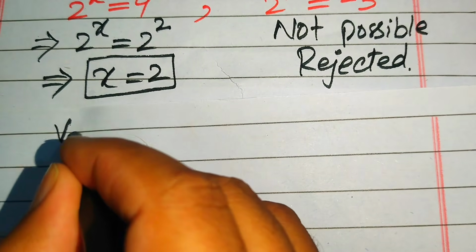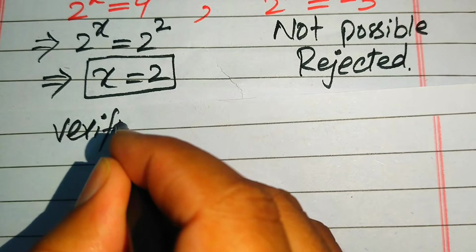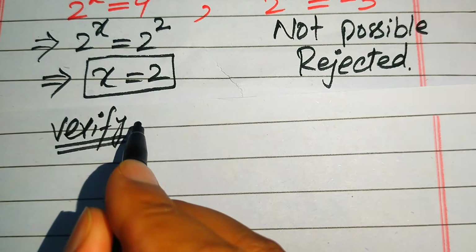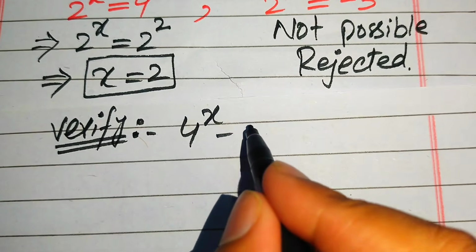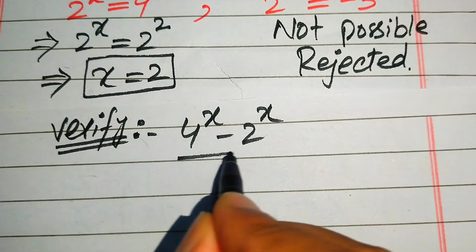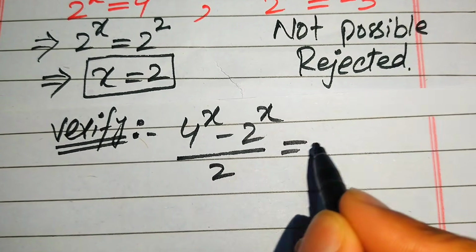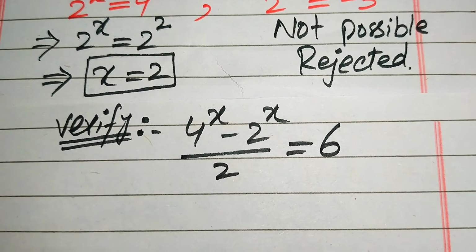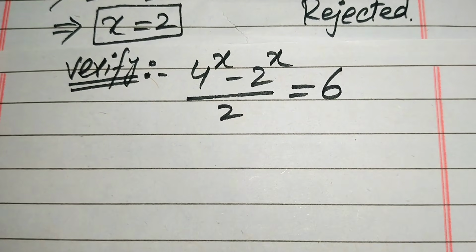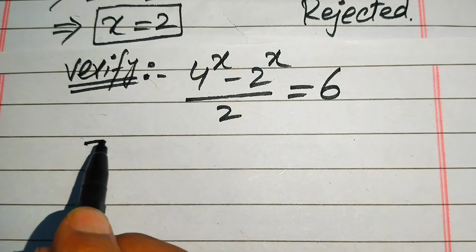And in the next step we need to verify whether this value of x is a solution or an extraneous root. So for verification of this value we need to copy down the given question statement. Here it is 4 to the power of x minus 2 to the power of x divided by 2 is equal to 6. And here we substitute the value of x is equal to 2 into the left hand side, and we check its behavior.